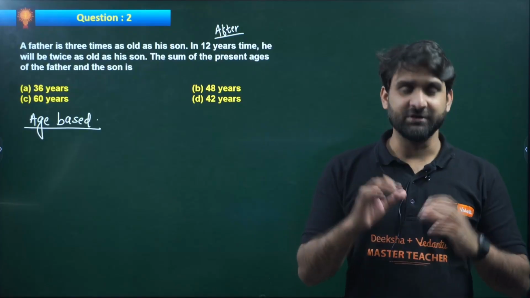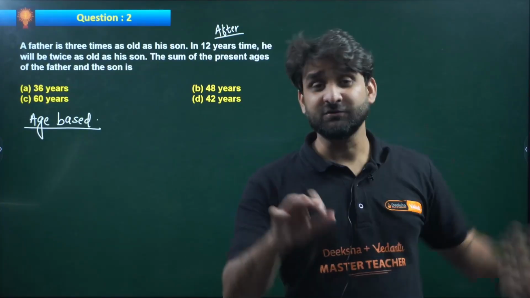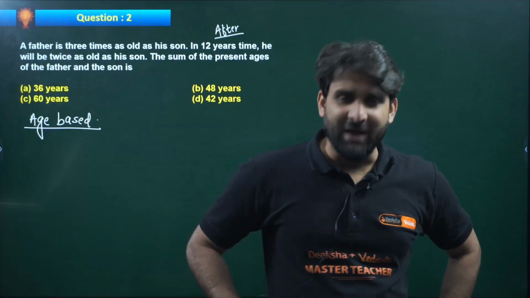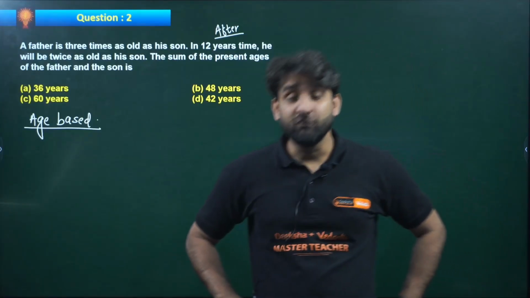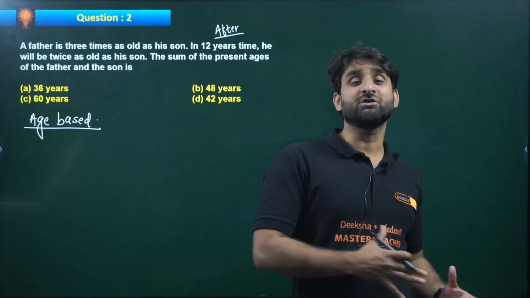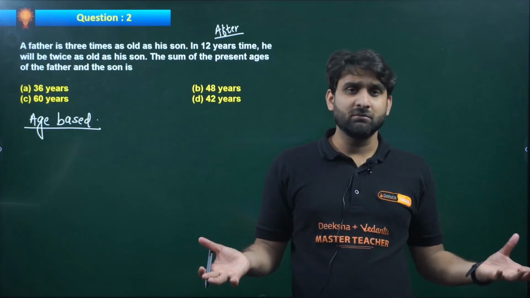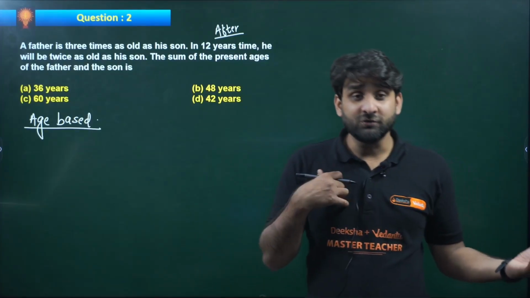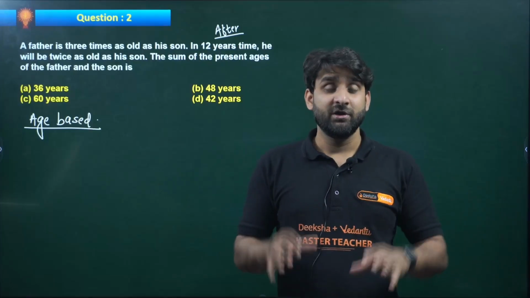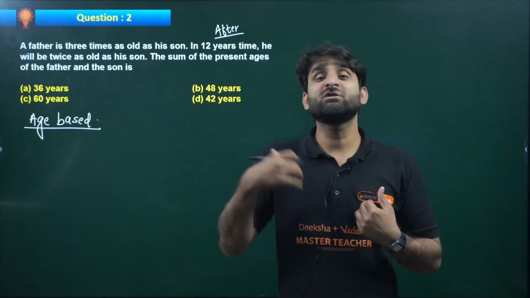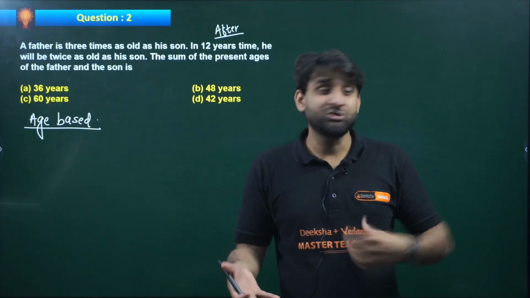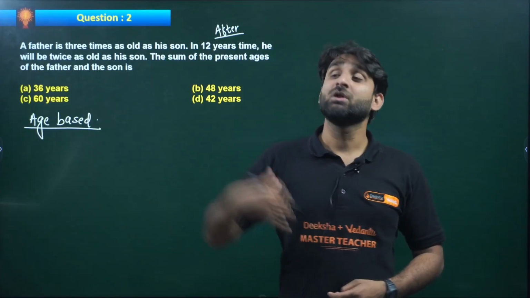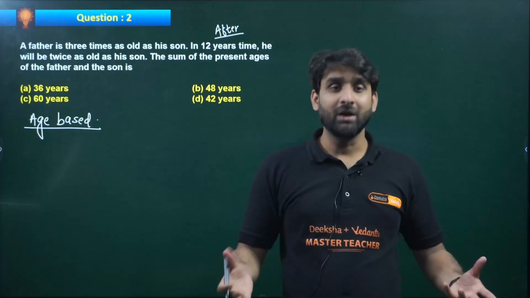For example, if I ask you how old I was 4 years back, you can't identify my age 4 years back, because you don't know my present age. If you don't know my present age, how is it possible to find my age 4 years back, or my age 3 years after? You can't.